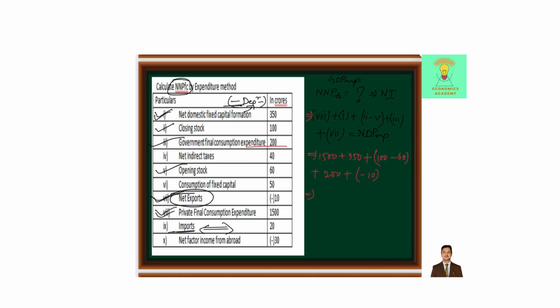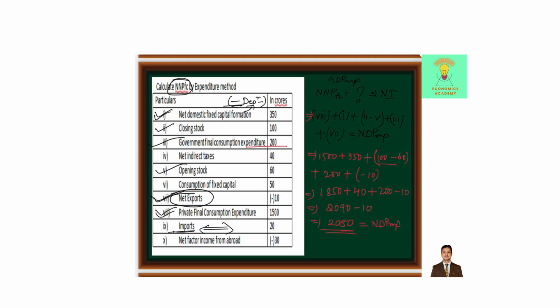Now what do we get here is 1500 plus 350 is 1850, plus 40 is remaining here, plus 200 minus 10, right? So 1850 plus 40 is 1890, plus 200 is 2090, minus 10, that is 2080. So our NDP MP is 2080.